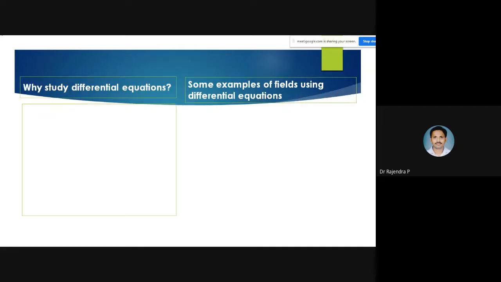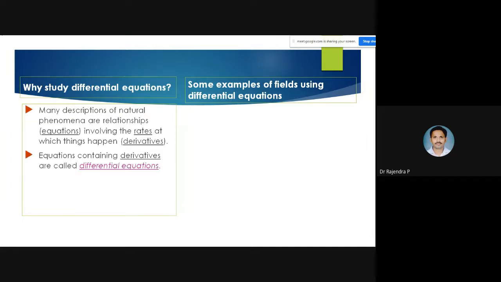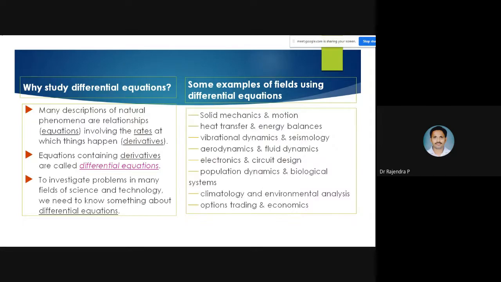Before going to discuss that, I want to discuss some applications here. See, as you know, differential equations serve as mathematical models for many real world problems, isn't it? They arise in many areas of science and technology. They play a very important role, especially in engineering, when things are changing. Everywhere when there is a change, definitely differential equations will occur.